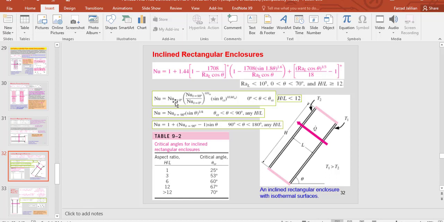And as you can see, the Nusselt number in this case is defined according to the Nusselt number for other orientations.